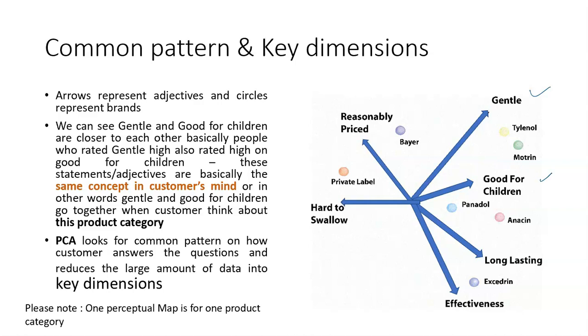These statements or adjectives are basically the same concept in customers' minds. Or in other words, gentle and good for children go together when customers think about this product category. PCA looks for common patterns in how customers answer the questions and reduces the large amount of data into key dimensions. Please note that one perceptual map is for one product category.